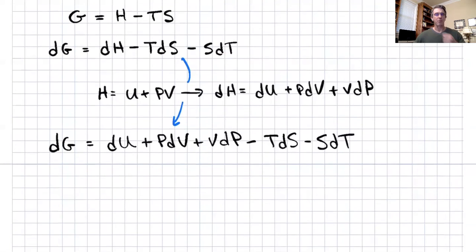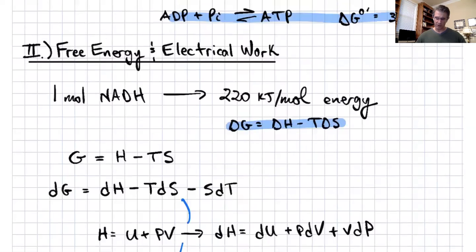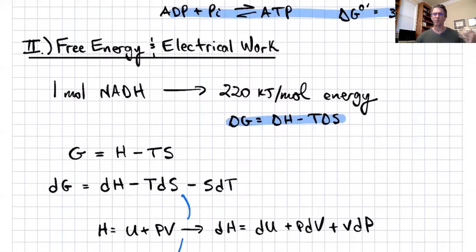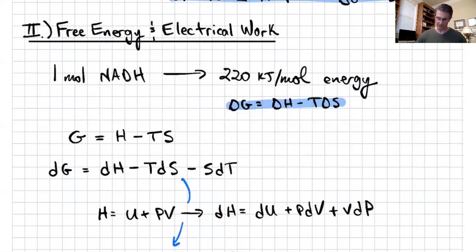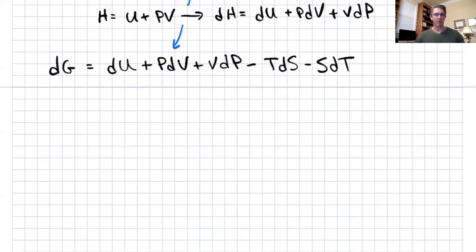We can do a little more substituting by going back to some of our definitions. Pressure, volume, entropy, temperature, we have a handle on all those. The differential change in internal energy, though, is related to something we care about in a big way, because we started thinking about how to do useful work based on the energy stored in a mole of NADH. So we want to think about work to some extent, and that gives us a clue about what to do next.